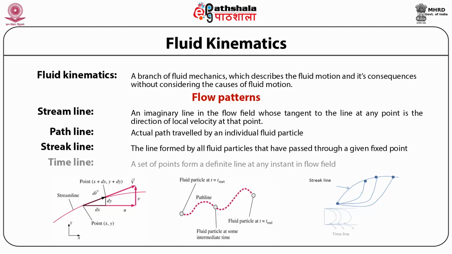When a set of points form a line at different instants, it is called timeline. Streamline and timeline give the flow pattern at an instant, whereas streak line and path line represent the pattern with a time duration associated with them. I hope you can differentiate between streamline, streak line, path line and timeline.